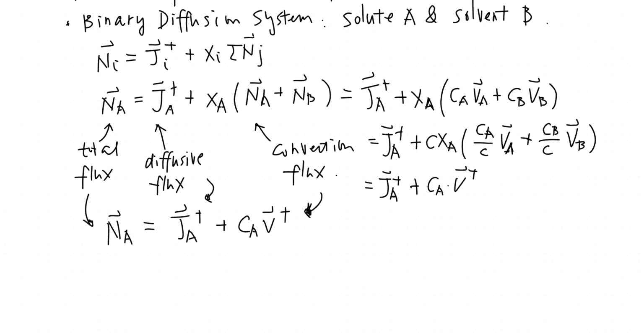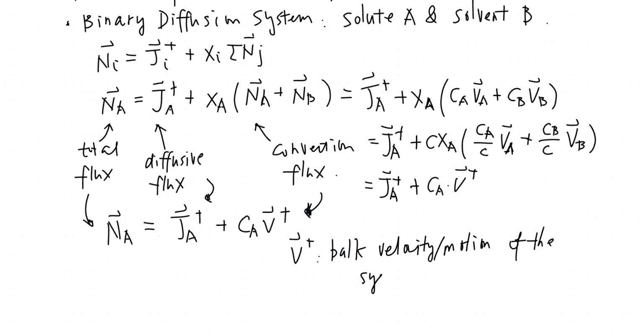Here you have the concentration of species A, the solute we are looking at, and V dagger is the average velocity of the entire solution. You can understand this as the bulk velocity or the bulk motion of the system.